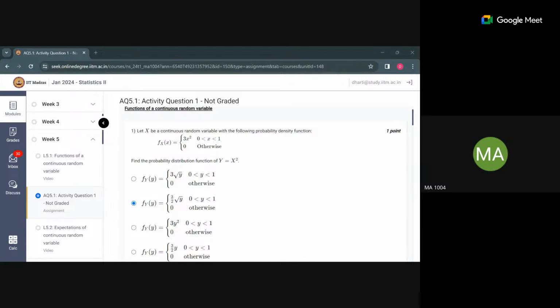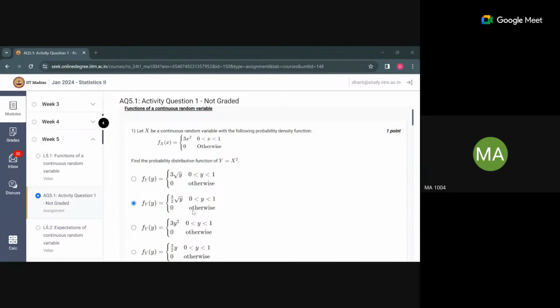So this is what f of x is. PDF is given to you. The main thing is whenever you try the manual method, you start with the CDF, right? So do you know any method by which you can switch from PDF to CDF? If you know the PDF of a random variable x, can you come up with its CDF?